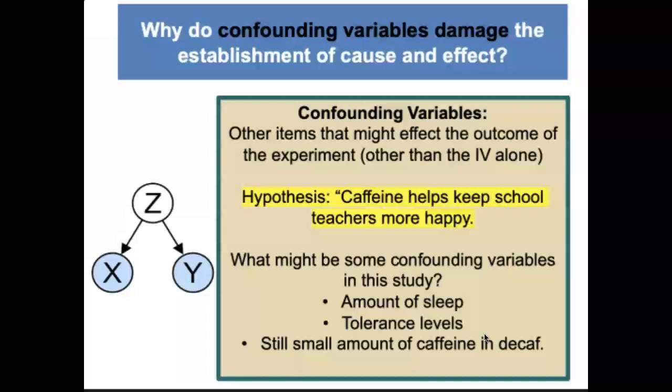Let's say they drink 6 cups a day, and then I bring them randomly into my population and my assessment, into my study, and then of course it's going to affect them less, right? Because they're tolerant to it. Or the fact that if I'm giving the second drink is decaf coffee, there's still a small amount of caffeine even in decaf coffee. So any of these things could affect my research, right?